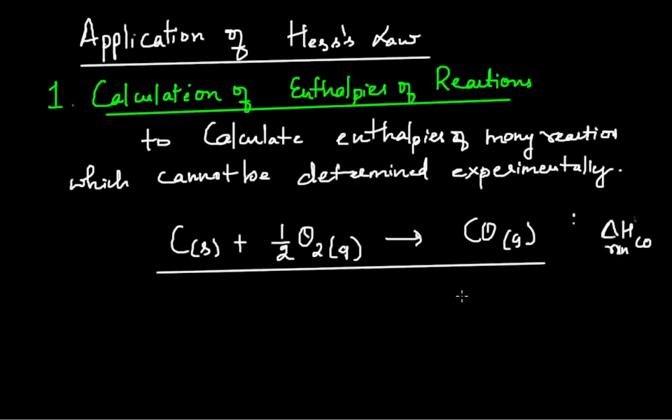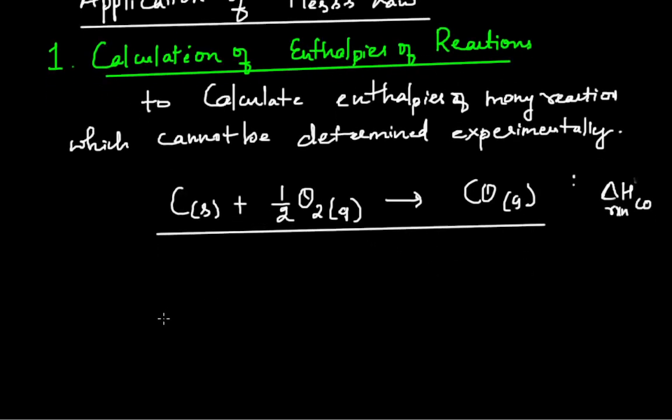So we use something that we know already, that is, the heat evolved in combustion of 1 mole of carbon to give carbon dioxide. We know these values.